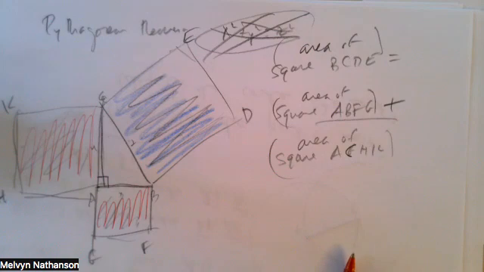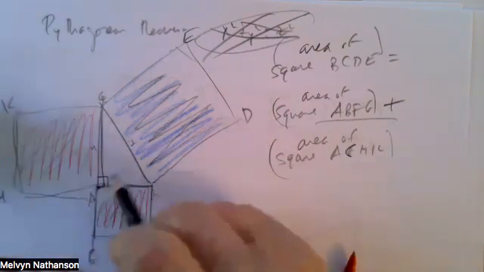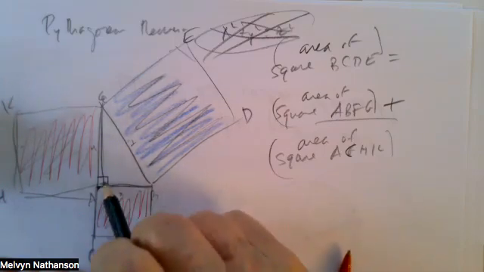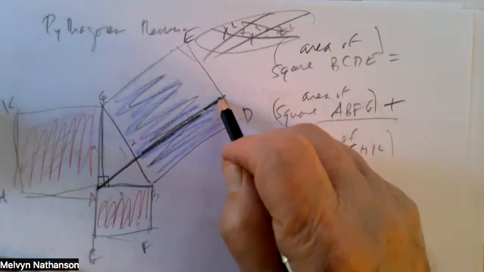And the way this will be proven, I'll do this on Wednesday, is you draw the perpendicular from A through the hypotenuse here.